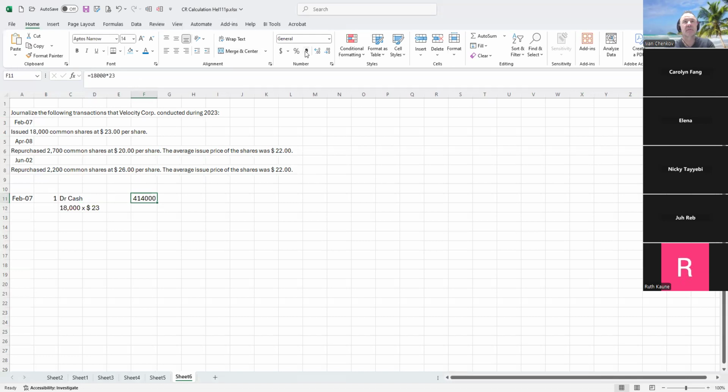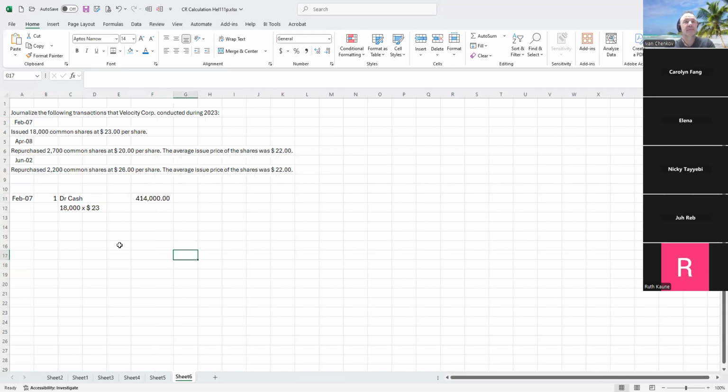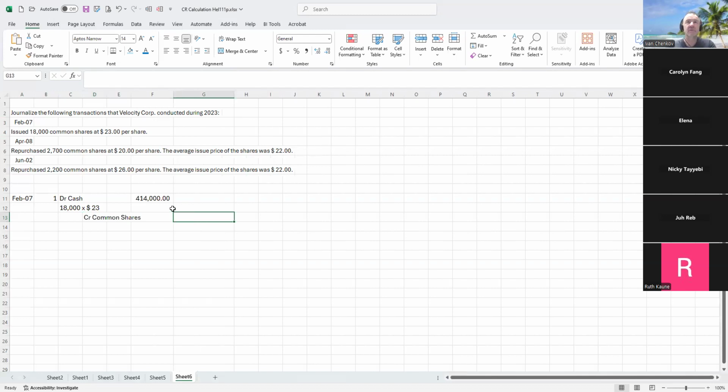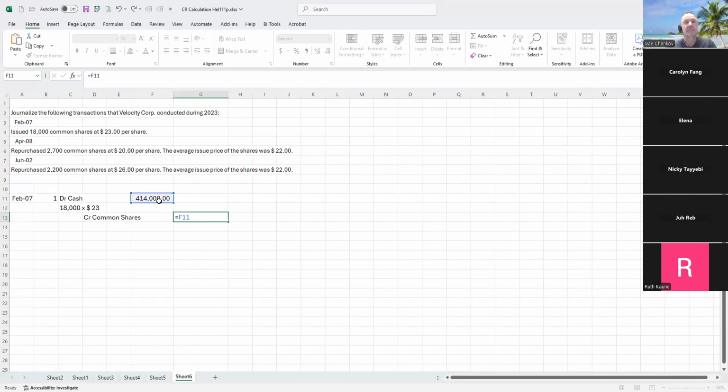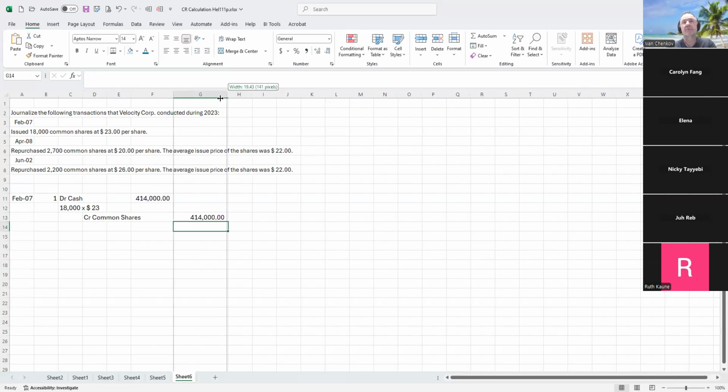Why do we get that money? Because we issued common shares. We get the cash, let's give them something. Because those people, when they give me $414,000, they want something. Let's give them shares. And we give them shares.